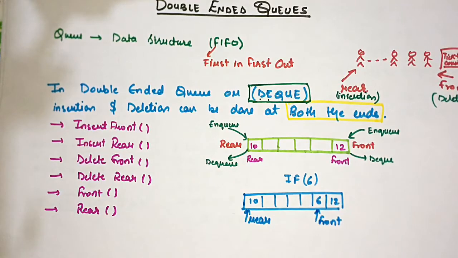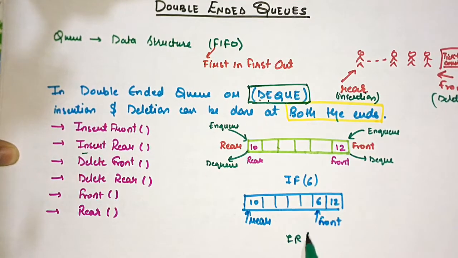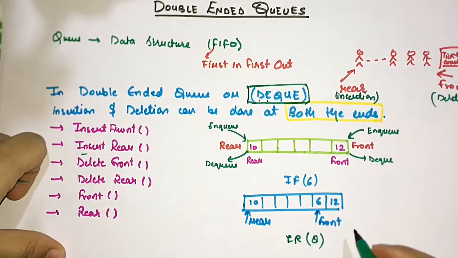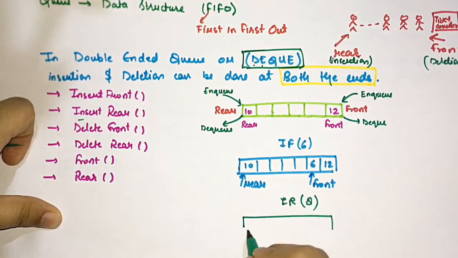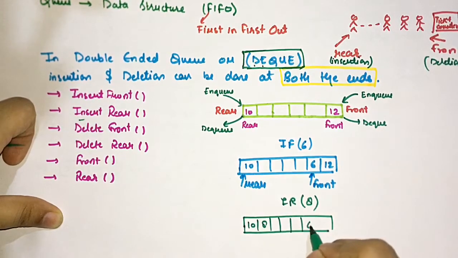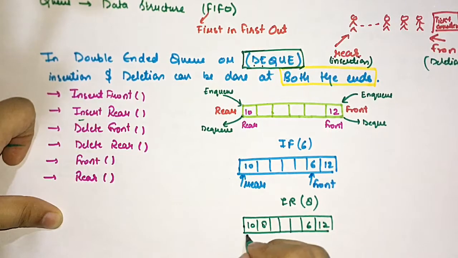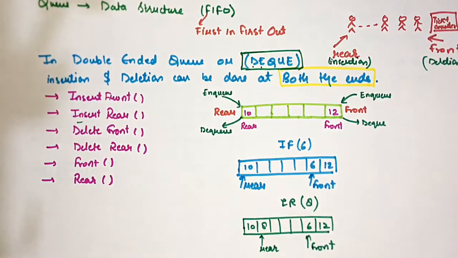Similarly, if I want to insert at the rear end, if I call insert rear 8, then the queue will become as shown, rear will point here and front will point here.